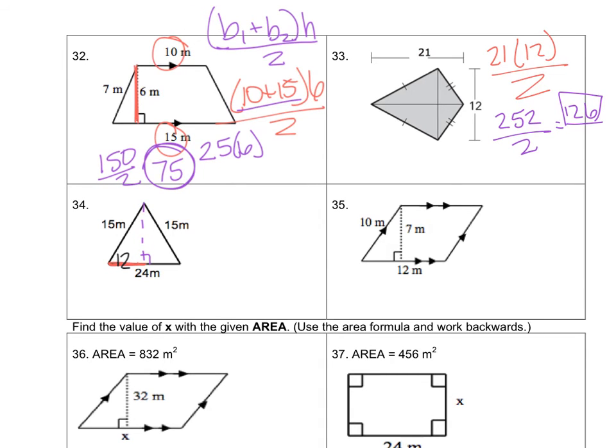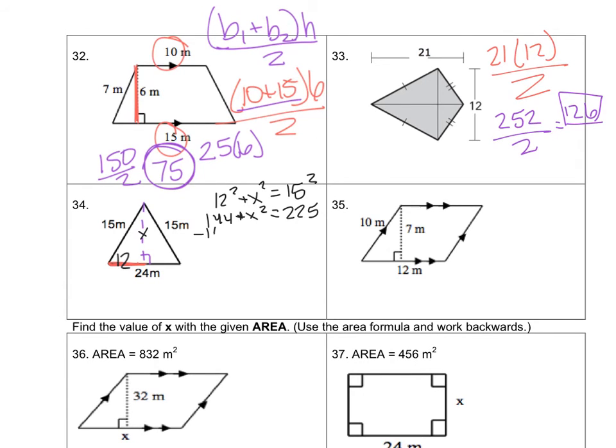Now, if you don't know this triple, that is fine. You're just going to do a squared plus b squared equals c squared to find that height. So we're going to do 12 squared plus x squared, which is right here, equals 15 squared. So I have 144 plus x squared equals 225.